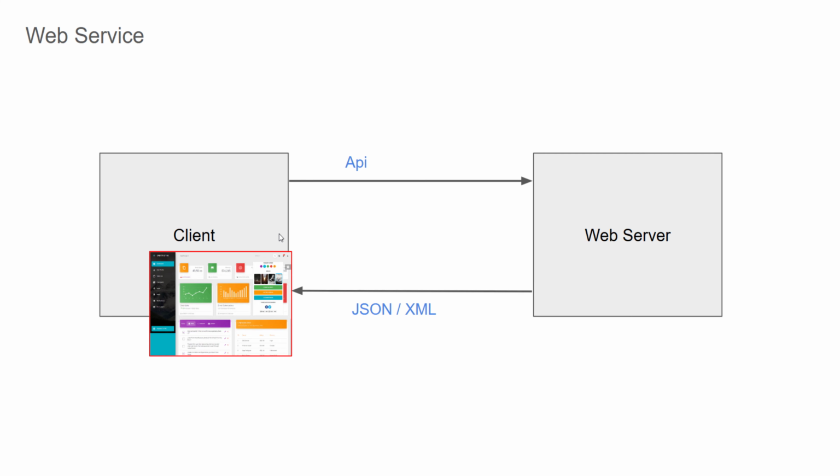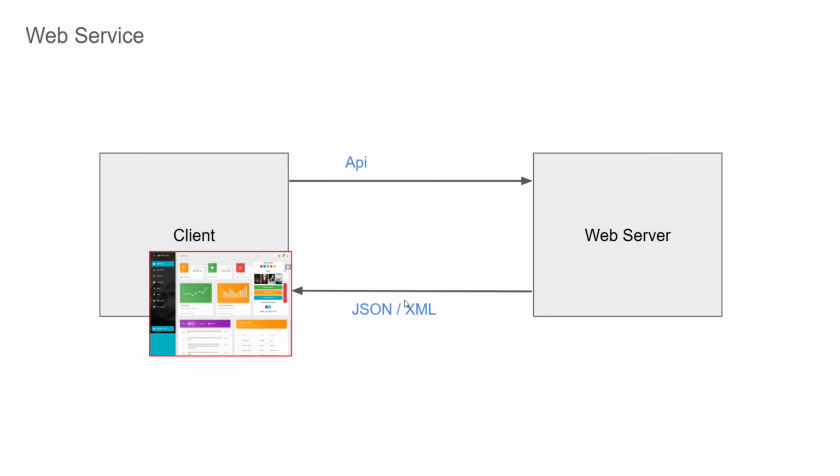After that, we have another, which is a web service. So web service, instead of returning the whole page with many code, it usually provides raw information that is confusing for most users. It returns you JSON or XML.